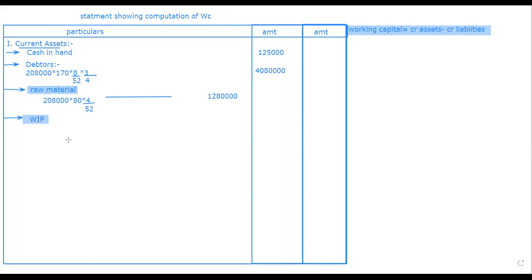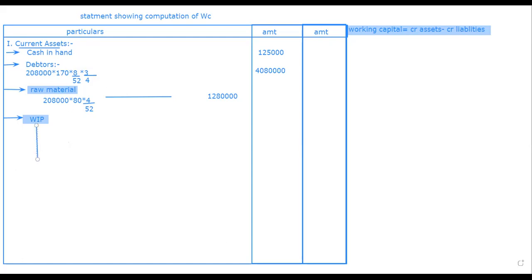But when I say work in progress, it is a combination, meaning the work has already been started. It's not just the price of raw material that will be added. Even the labor will be included, even the overheads also will be included. So when I say work in progress, my calculation is going to be of three parts.